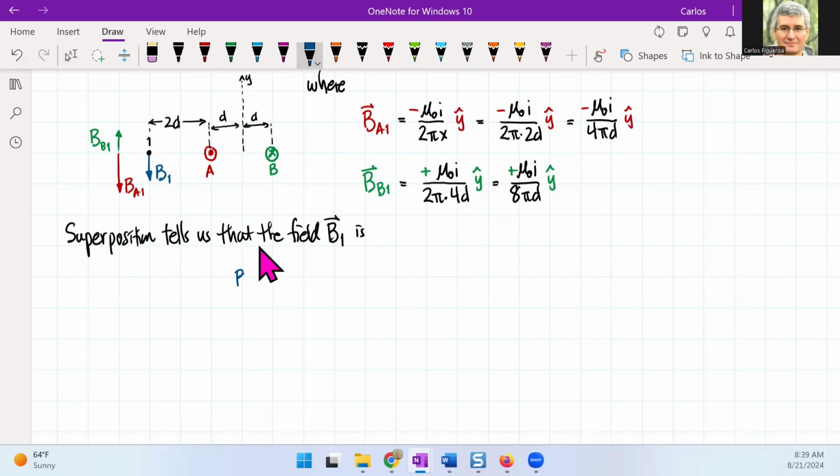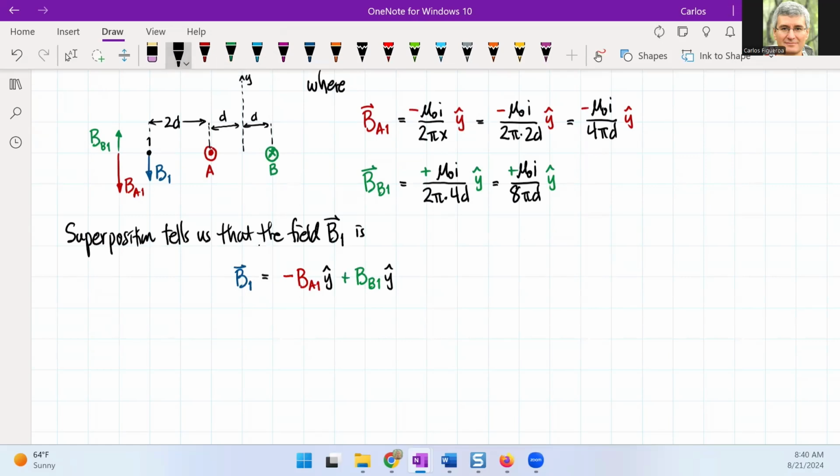B1 is then going to be the combination of minus B1 due to A, and I'm going to say this is in the y direction. And then this guy is going to be the magnitude of B1, but this one is positive in the y direction.